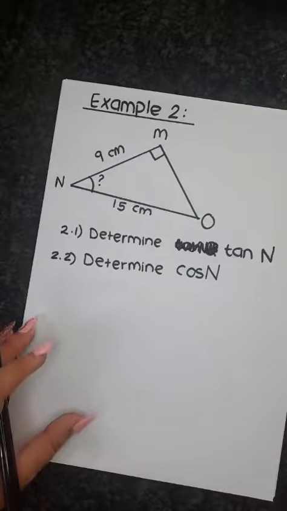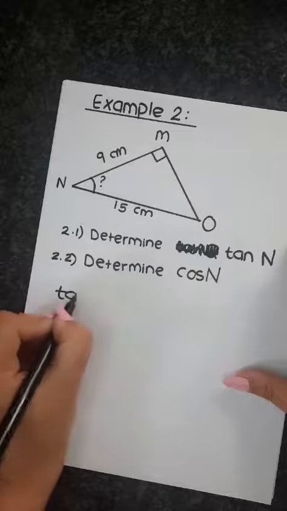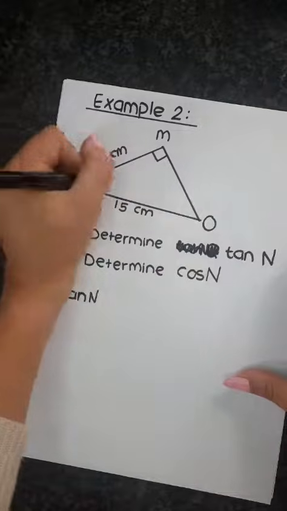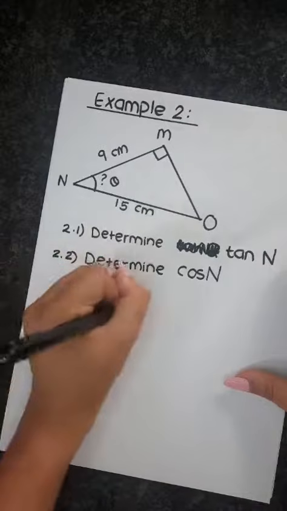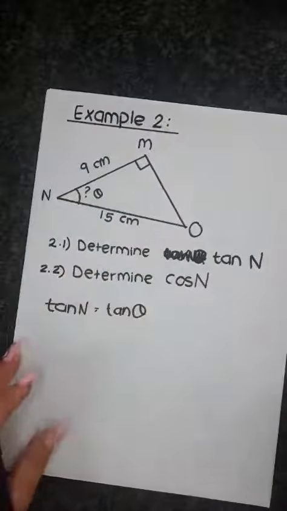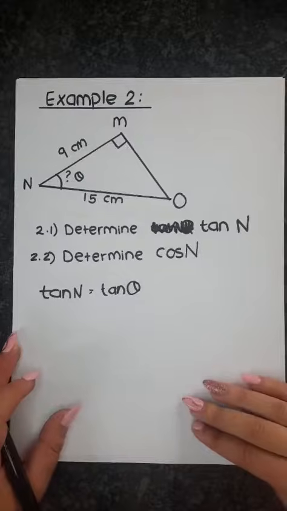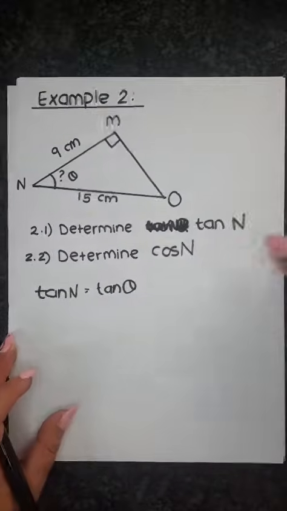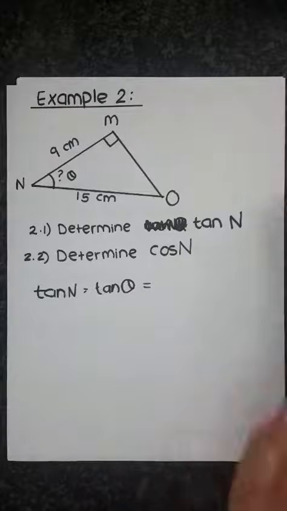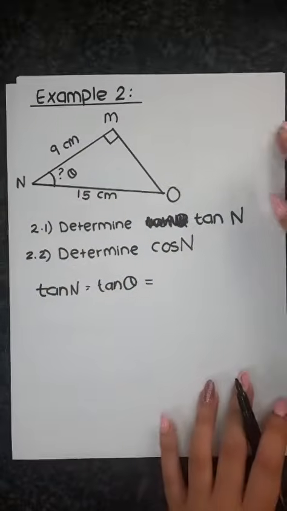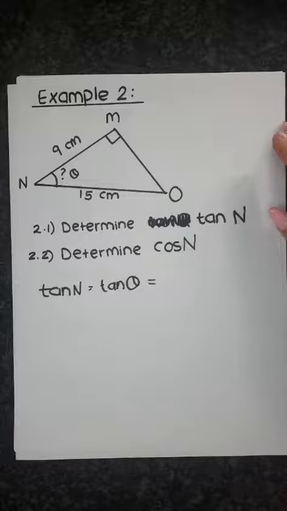Let's actually say that there's a theta here. So tan N is tan theta. Let's just call it theta. That's my unknown. Now, I don't know if you guys can see the issue, but what we have to do first.